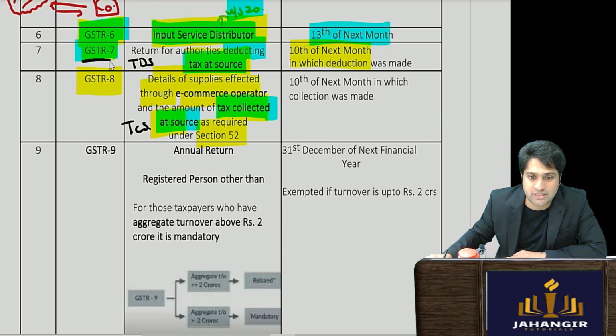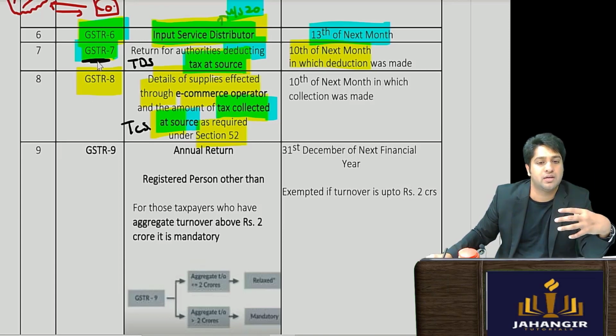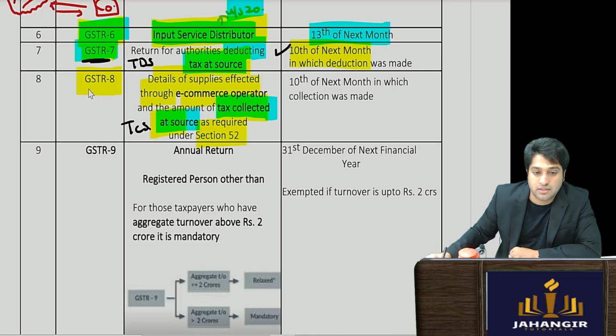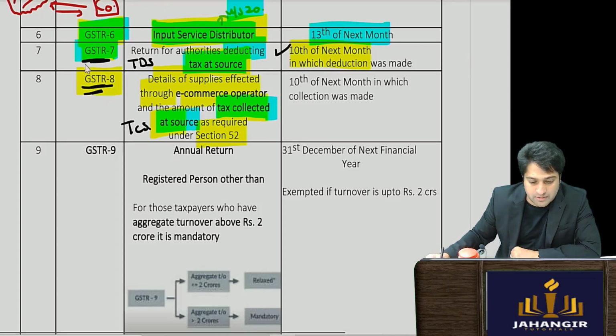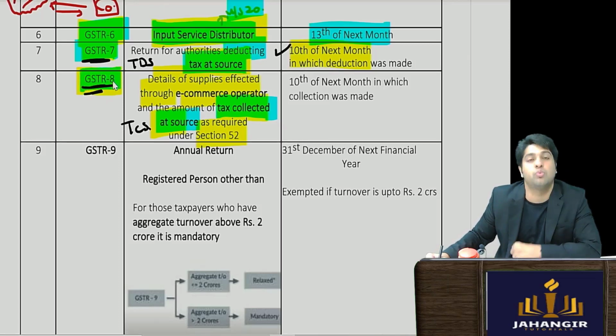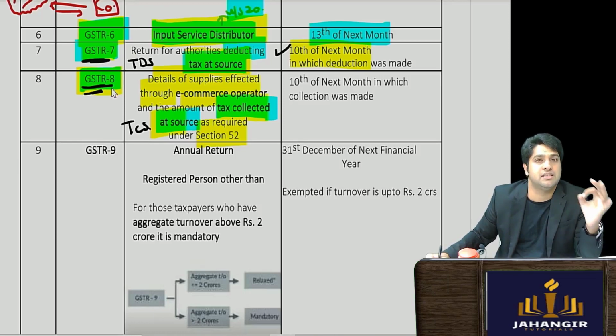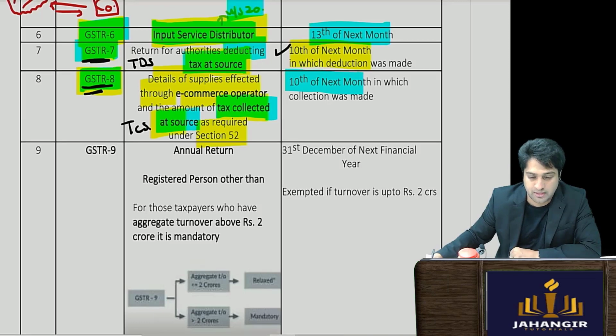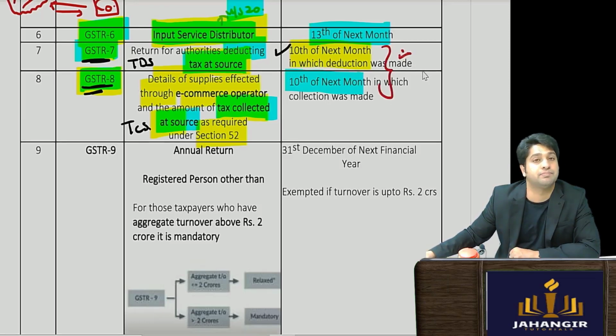So those required to deduct TDS will file their returns in GSTR 7 by the 10th of the next month. Those required to collect the tax under section 52 will make their filings in GSTR 8 by the 10th of the next month in which the collection is made. So if you see here, both are exactly the same, by the 10th of the next month.